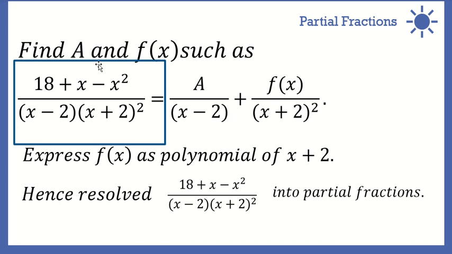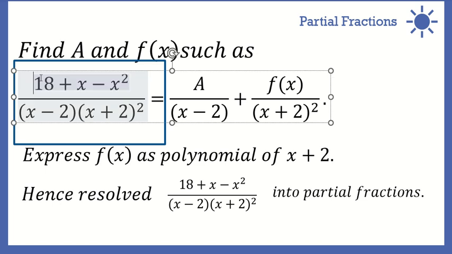Here they ask to find capital A and f(x), and the expression is 18 plus x minus x squared over x minus 2 times x plus 2 squared.